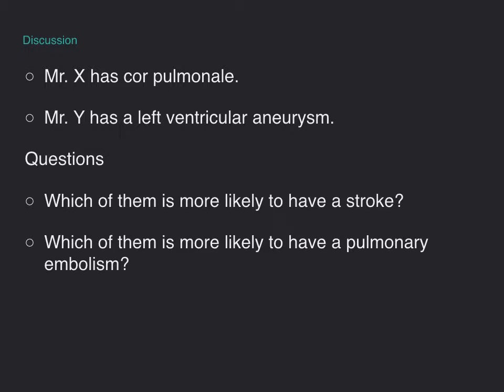Think about these two patients. Mr. X has cor pulmonale, and Mr. Y has a left ventricular aneurysm. So which of them is more likely to have a stroke?